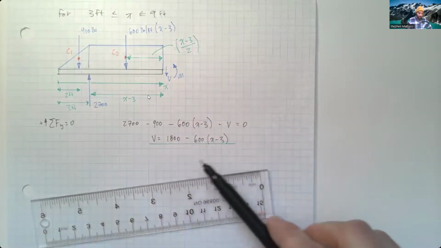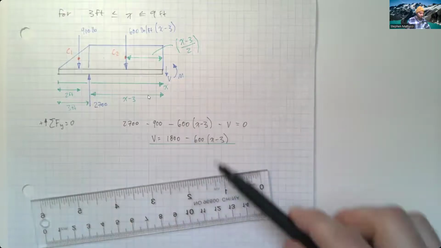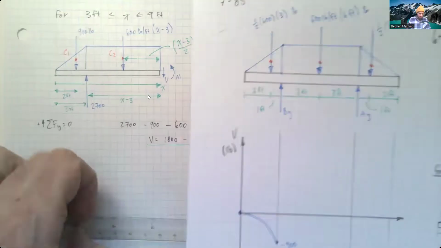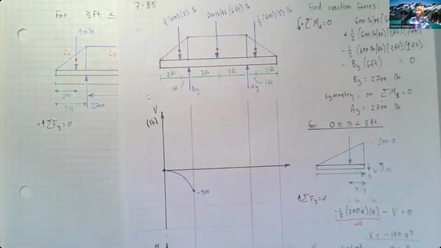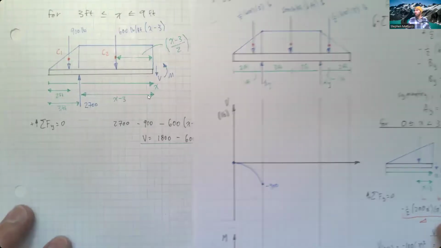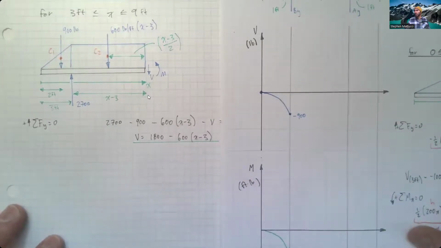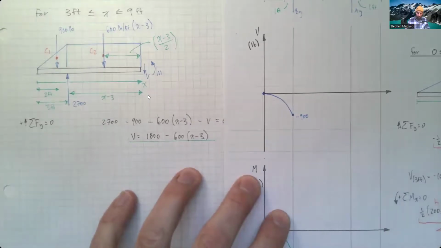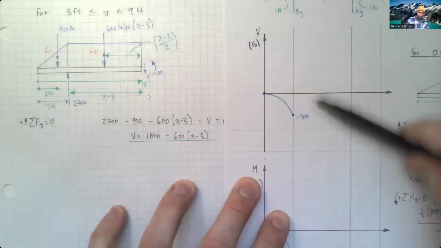The important part here is noting the slope of minus 600. And actually, even before we do that, let me lay these out so we can see them both side by side. Yeah, like that. So the equation we just found is going to be the slope of this next section here.